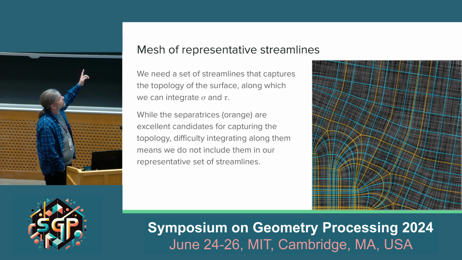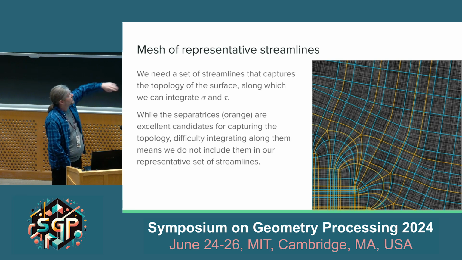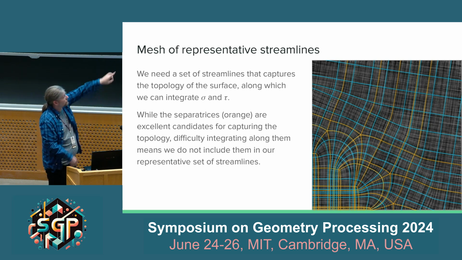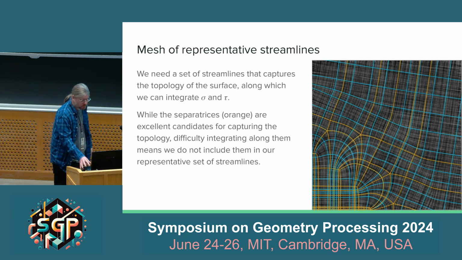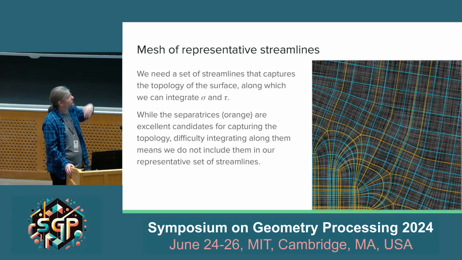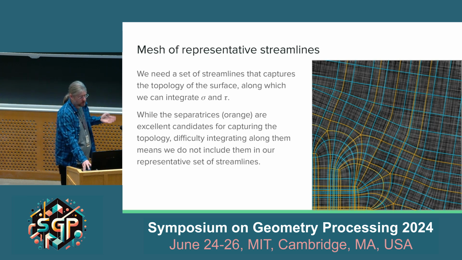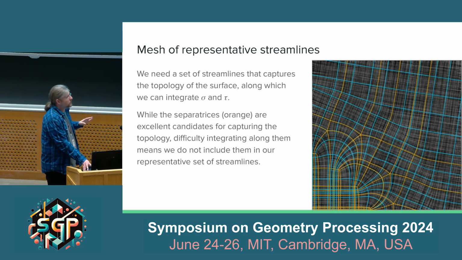So we actually start with a collection of field lines that brackets every separatrix, shown here in blue. And what we want is to keep adding field lines until the region is sufficiently dense, giving us a higher degree of control over the sigma and tau that we're optimizing for.